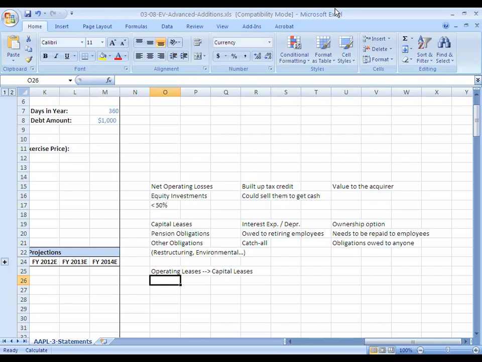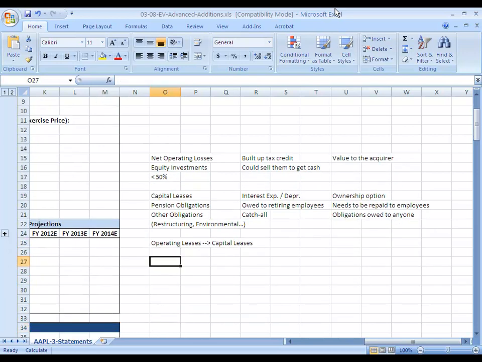Now, to actually do this, you have to have 4 conditions that are true. So any one of these 4 conditions must be true for an operating lease to be counted as a capital lease. First off, there must be a transfer of ownership at the end of the period. Second, there may be an option to purchase the asset at a bargain price.